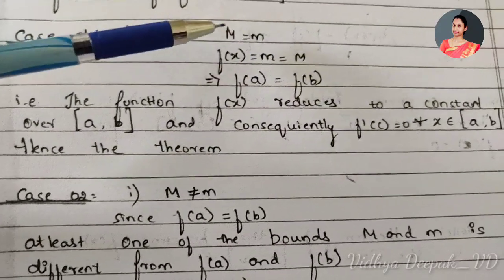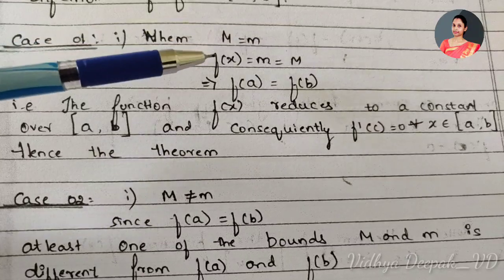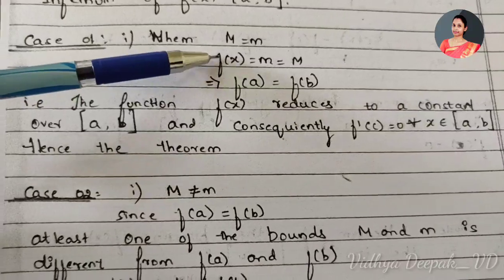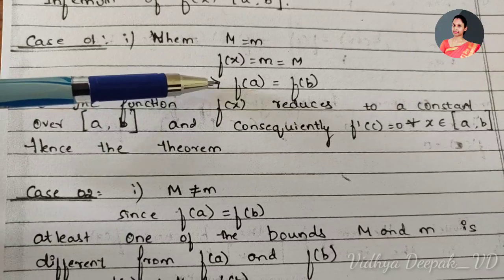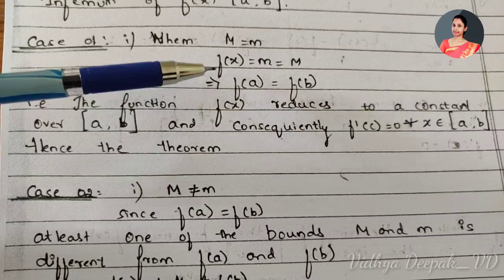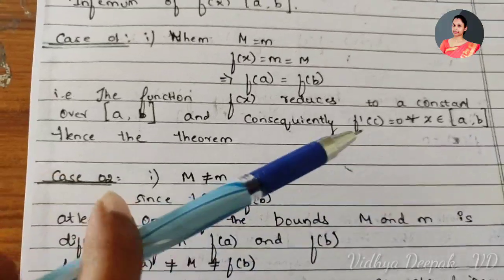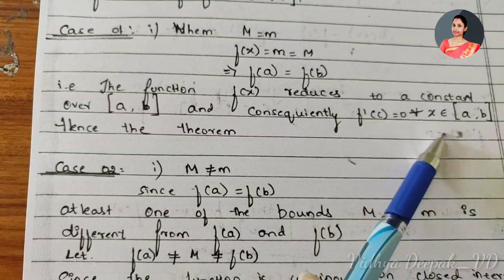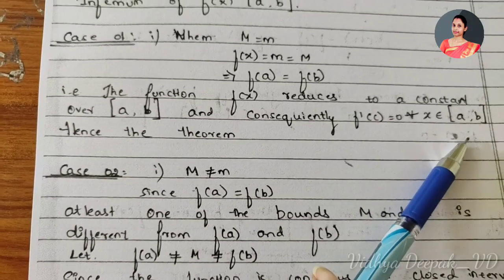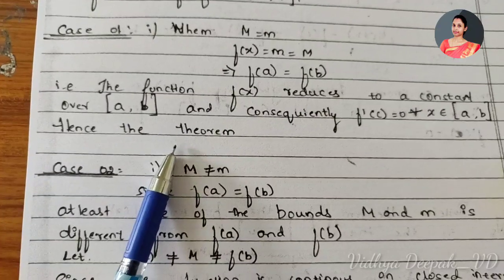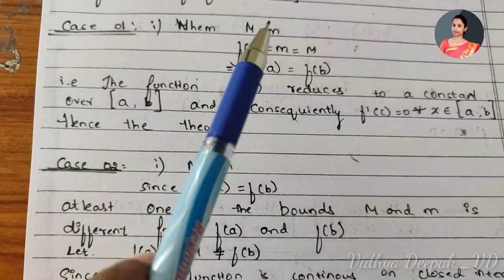Then the given function is equal to the supremum and infimum, and we can say that f of a is equal to f of b. When this is the case, f dash of c will be equal to 0 for all values of x belonging to a comma b. Hence, the theorem statement is proved. This is case 1 when supremum is equal to infimum.